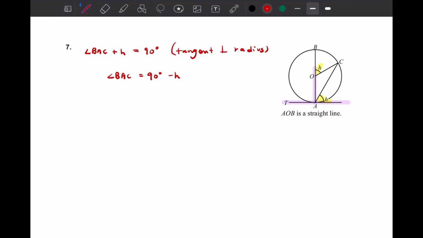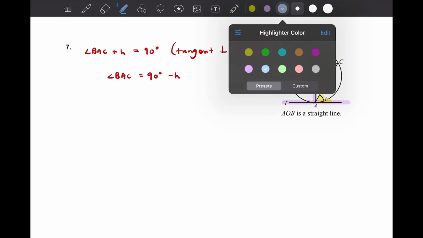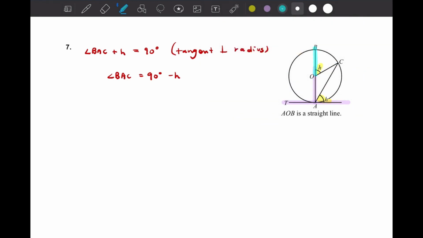We rearrange it. And then we don't have other information here, but remember, everything is inside a circle. So everything you learn from circle, you should be able to use it here. So let's look at this diagram and see if we have any other hints. So this BOC, maybe use another color so you can see it easier.